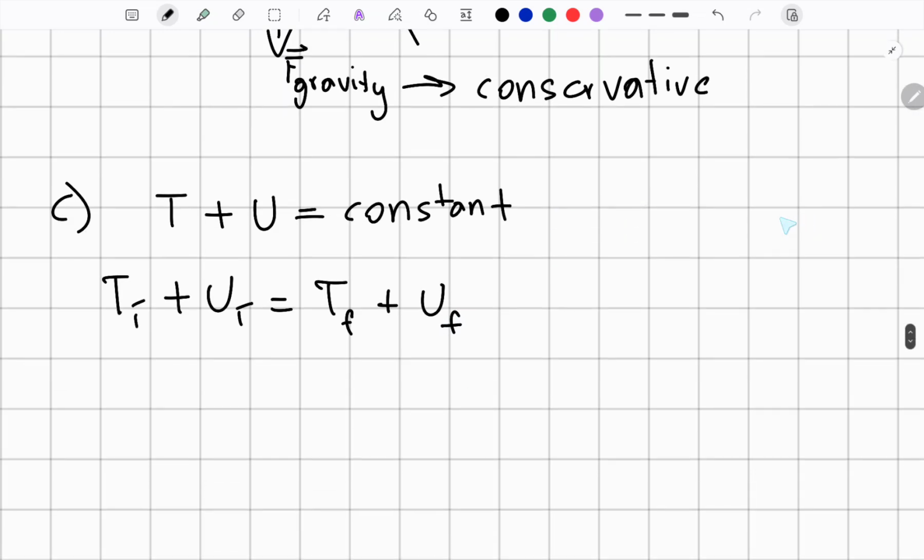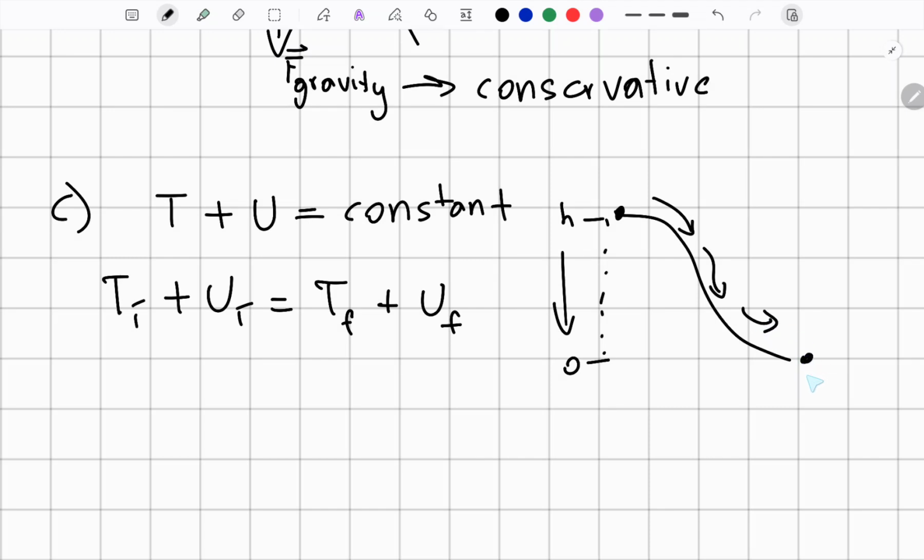Now, our bead is traveling from a height h down to 0. That's where we're traveling along this path. Now, when it reaches the end, we're going to have a height of 0. So our gravitational potential energy is going to be 0 at the end.